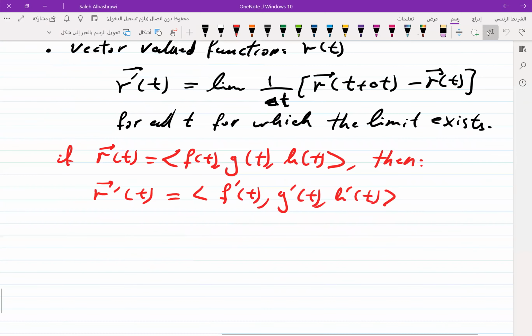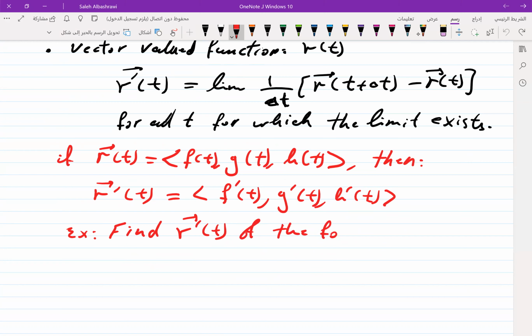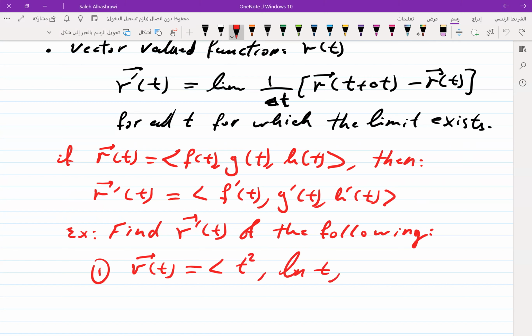For example, find the derivative of the vector valued function r of t given by t squared, ln of t, and e to power t.